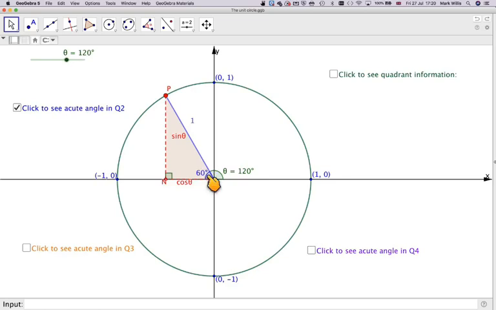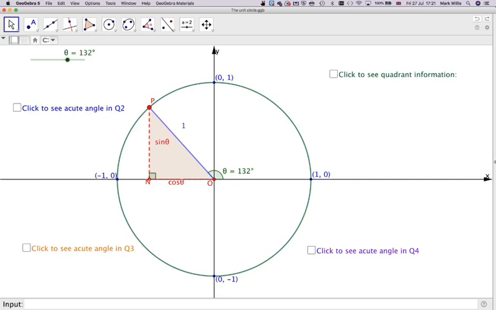So this is 60 degrees, but I have to remember sine is positive, but cos, because it's on this side of the origin, will be negative. So sine is positive, cos is negative, and because tan is sine divided by cos, tan is also negative. So in the second quadrant, the only thing which is positive is sine, and that includes everything anywhere in the second quadrant.